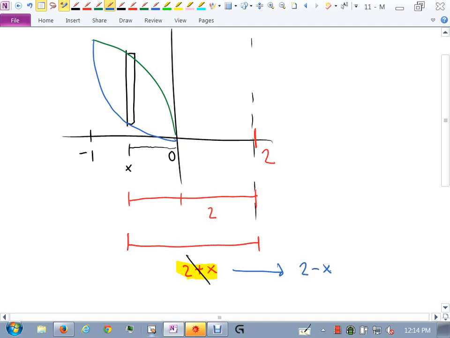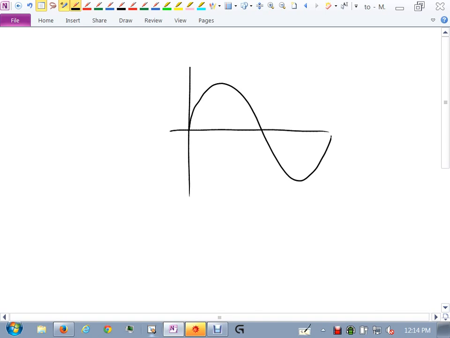Cosine x? Like that? Oh, yeah. Cosine, same thing though, right? So, what's your question?